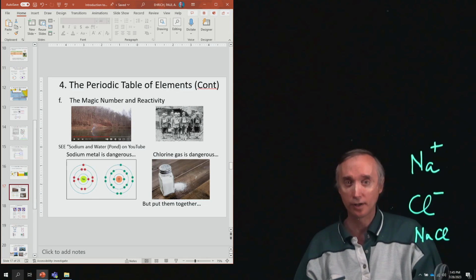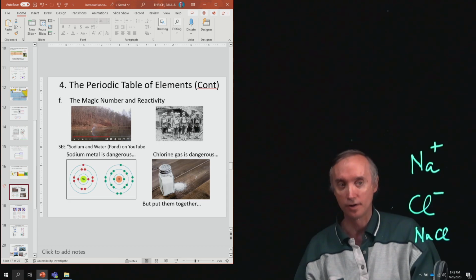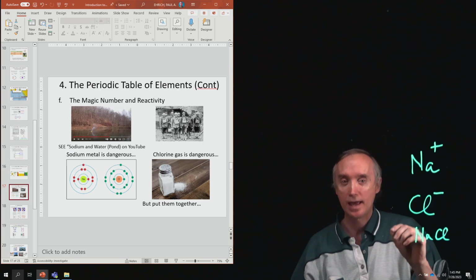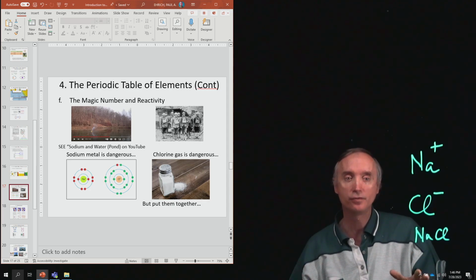Now you might be wondering, what's going to happen if I eat my French fries that have salt on them? Am I going to explode? No. Okay, remember we said an ion of an atom has completely different chemical properties than the original atom.